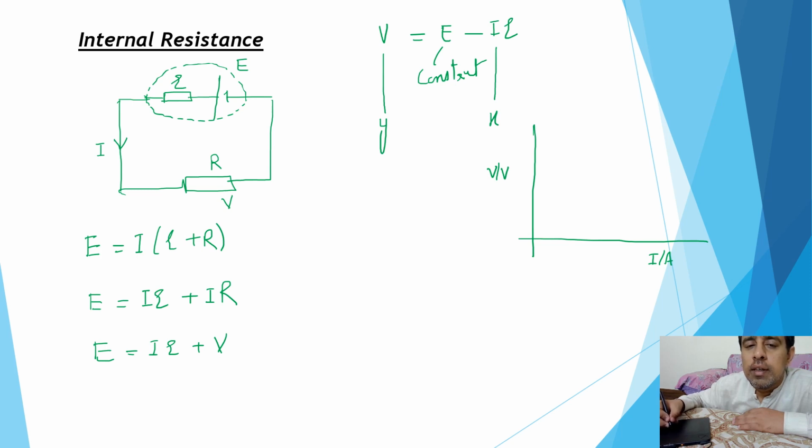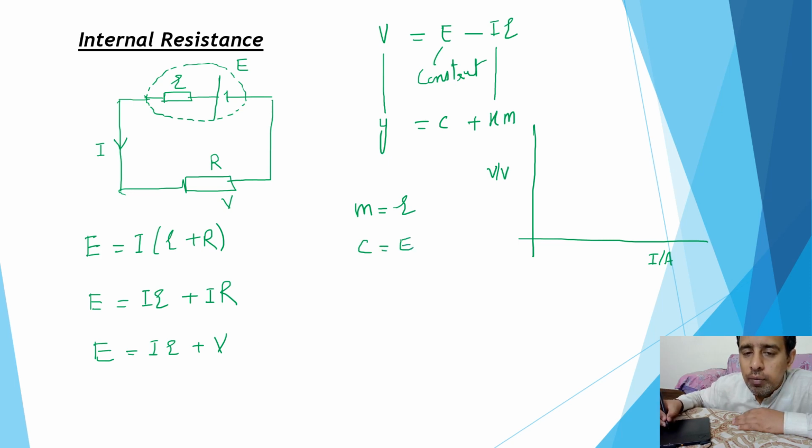If we write it in terms of the straight line equation, this is y is equal to mx plus c. By comparison, we can see that m is the gradient, which is equal to r, the internal resistance, and the y-intercept is always equal to the EMF.